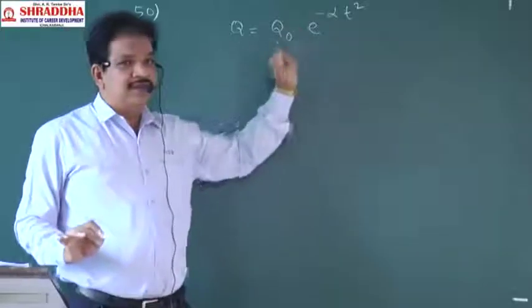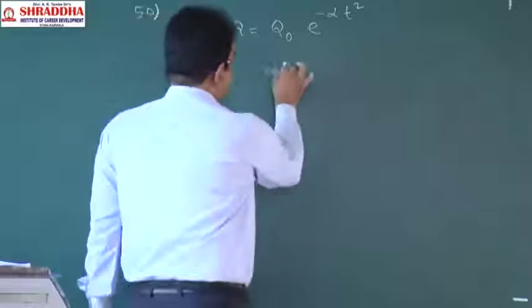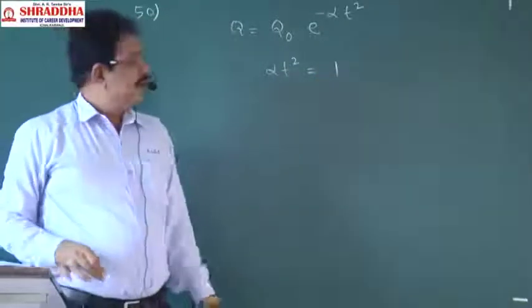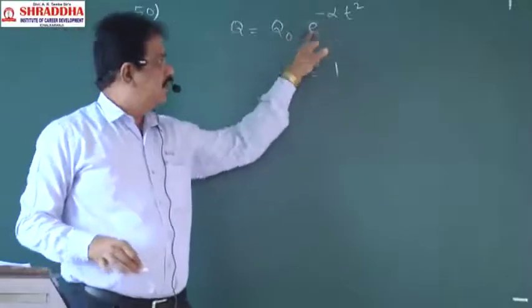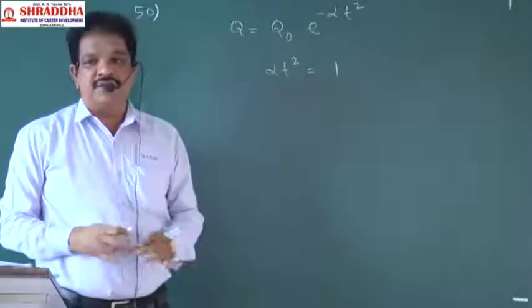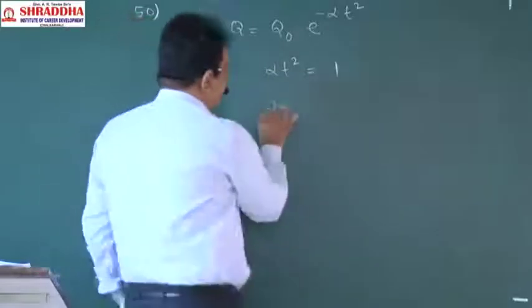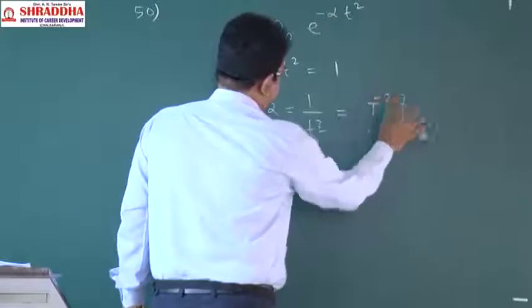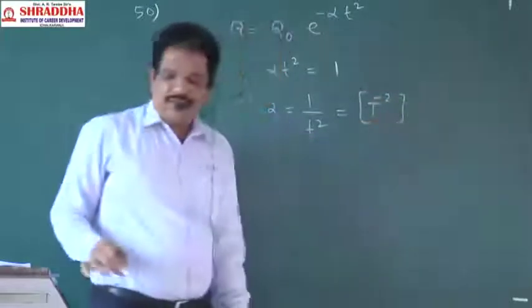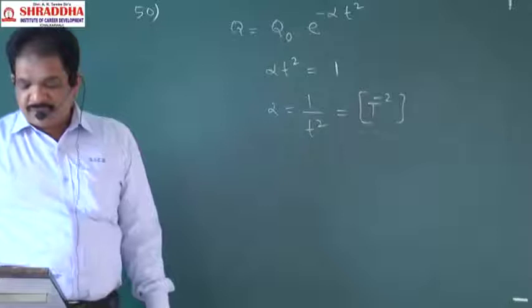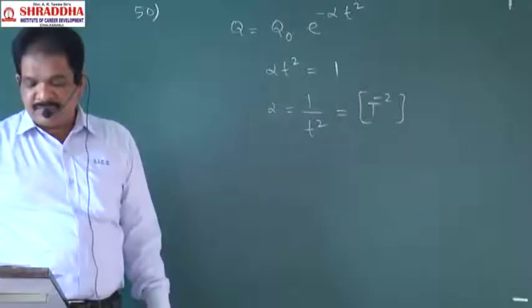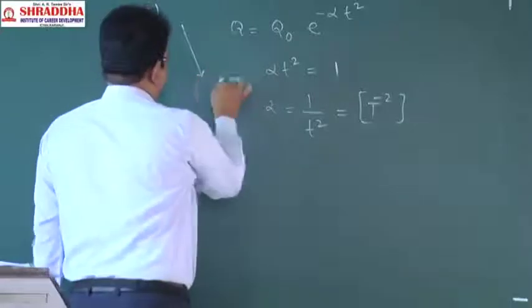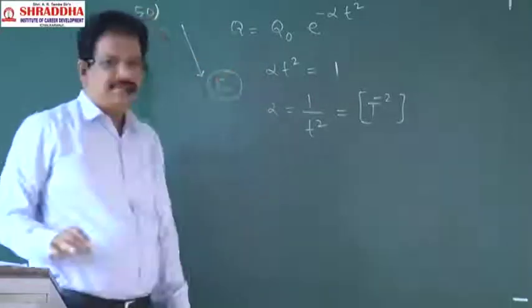So e power this one, so alpha t square is dimensionless. Okay, this entire is dimensionless. So alpha t square is also dimensionless. So alpha is equal to 1 by t square. So t is the time. So t power minus 2. So L power 0, M power 0, T power minus 2. 50, it will be C.